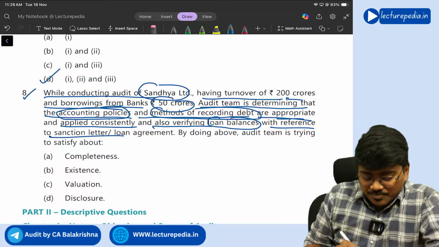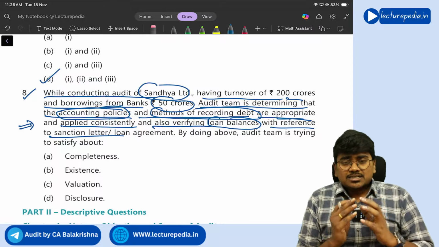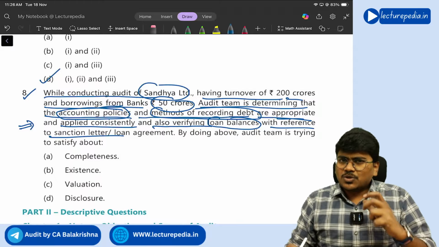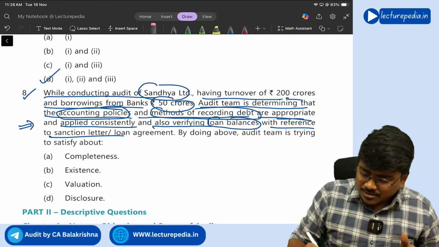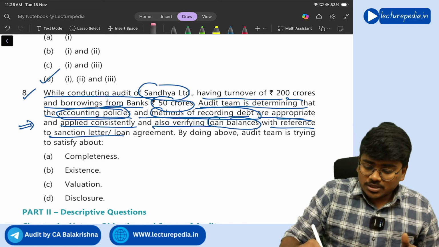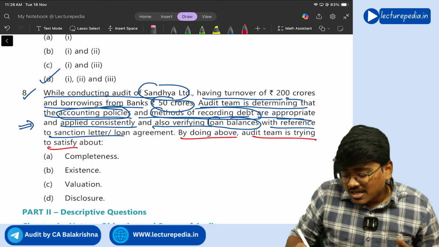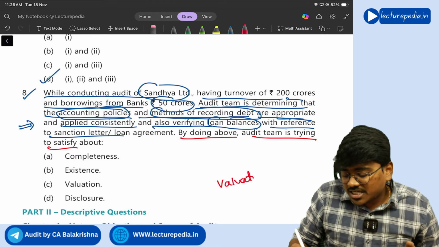If you observe in this procedure, auditors are focusing more on the amount of loan. So which assertion they are addressing? See, by doing above, audit team is trying to satisfy about valuation assertion, can you say?